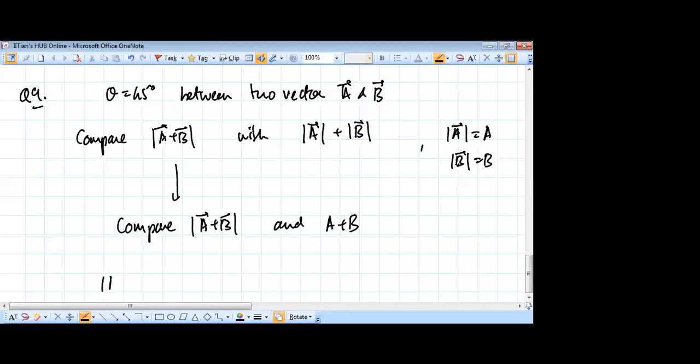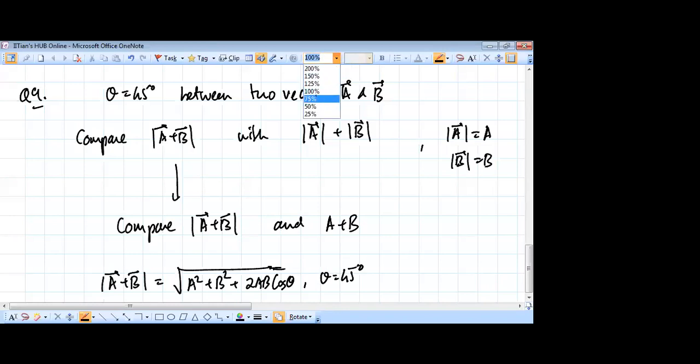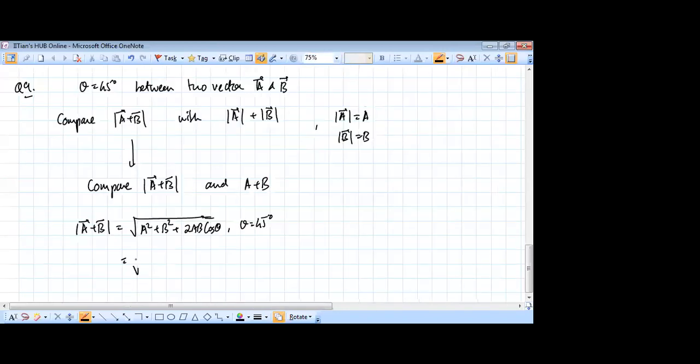Now, what is magnitude of A plus B? In this case, it is root of A square plus B square plus 2AB cos of theta, where it's given to us that theta is 45. So in this particular case, mod A plus B kitna ban ja raha hai? It is becoming root of A square plus B square plus 2AB into 1 by root 2.